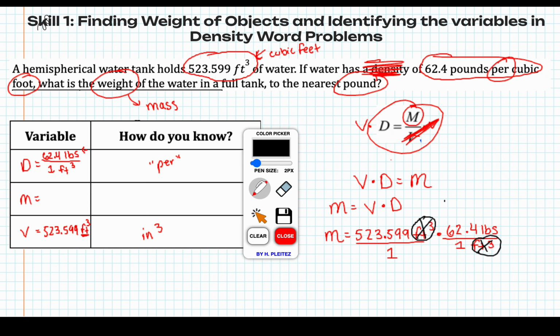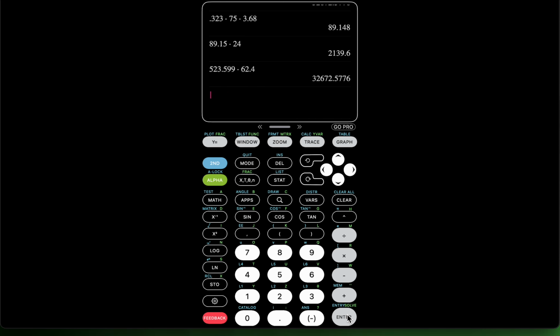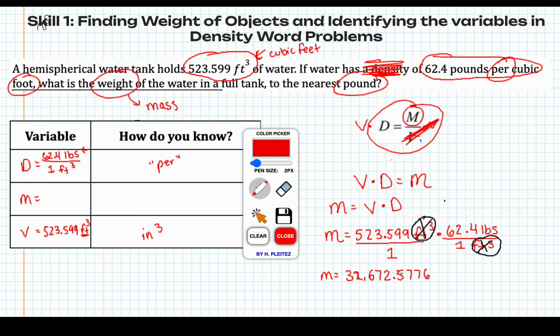We want our mass to the nearest pound. So what we're going to actually have to do when we multiply fractions, just remember we multiply straight across. So we're going to do 523.599 times 62.4. And that's going to give us 32,672.5776. Again, we're carrying our units back over, so we have pounds. Now, I'm not going to divide by this 1, because in the denominator, you just do 1 times 1.